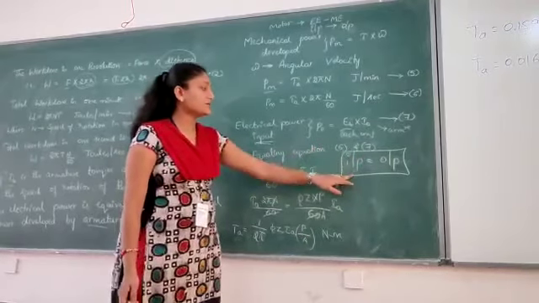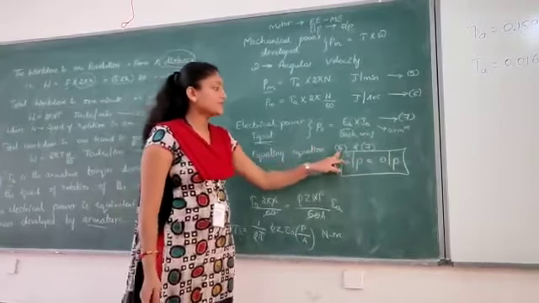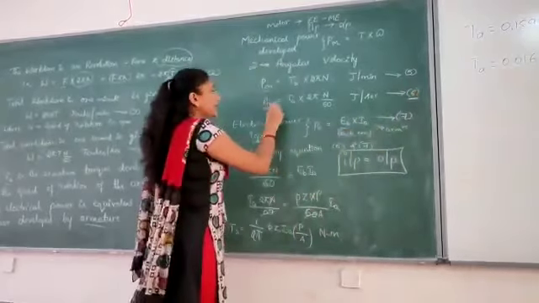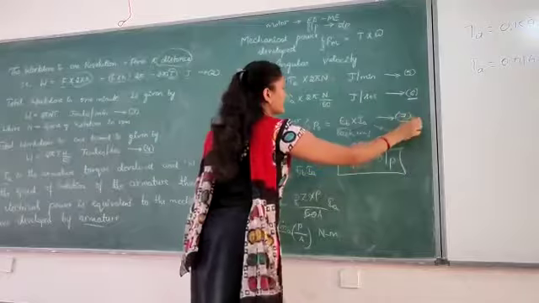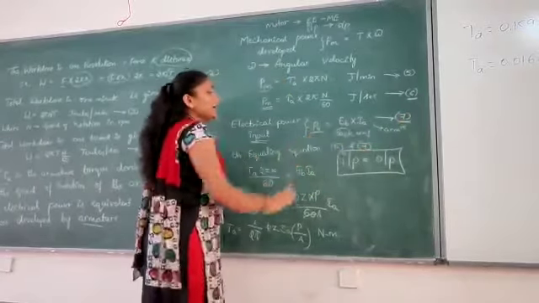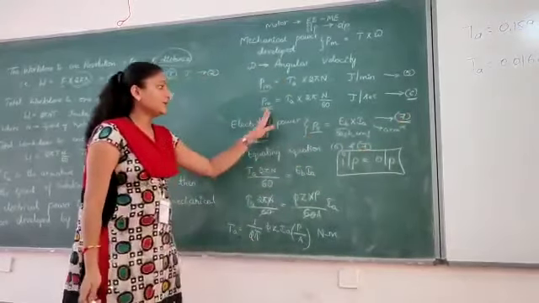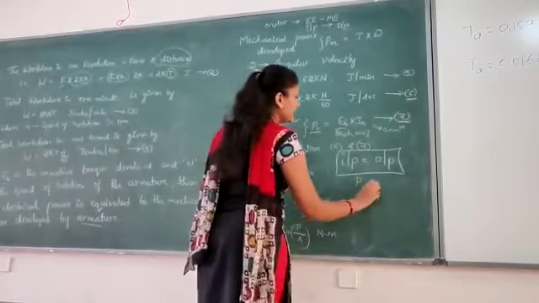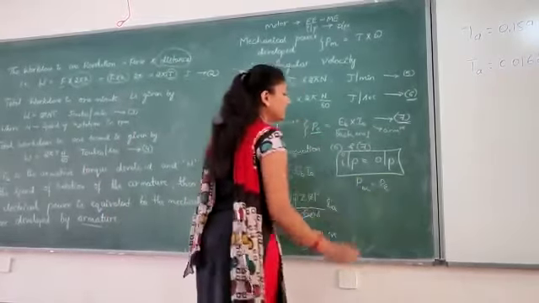Therefore, equating equation 6 and 7: equation 6 is the mechanical power and equation 7 is the electrical power. Mechanical power should be equal to electrical power, that is Pm should be equal to Pe.